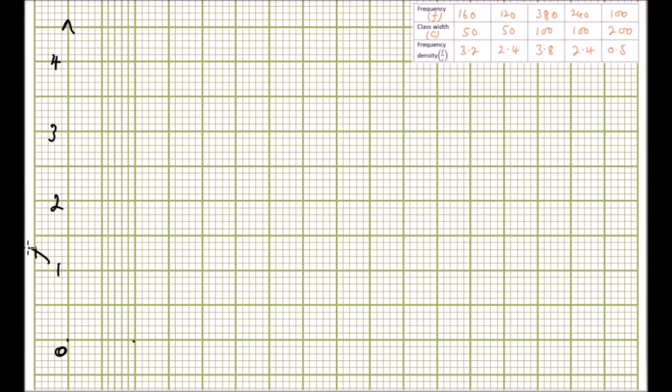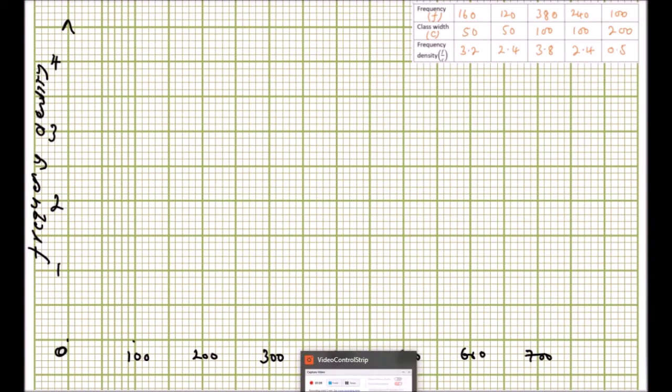This is the frequency density. Then here we are going to plot the wages. So we start with 100, we come to 200, 300, 400, 500, 600. I think they don't exceed that, but we can say maybe 700, no problem.